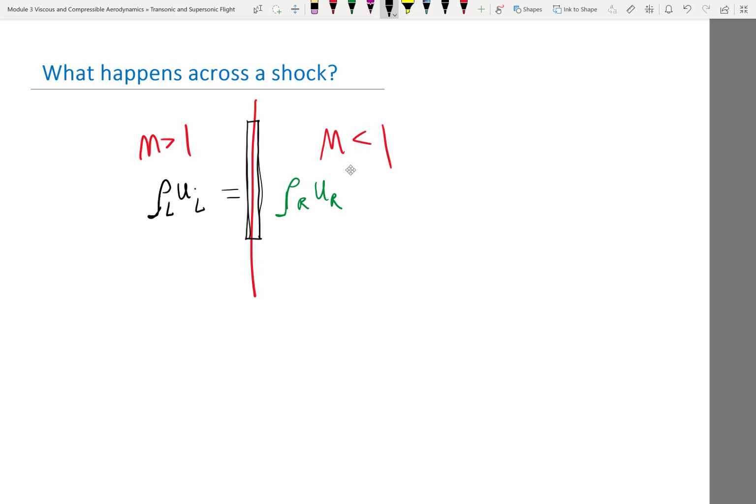What is the momentum flux? The momentum flux is rho L UL squared, and then I need to add the pressure on top of this. And that has to equal rho R UR squared plus PR.